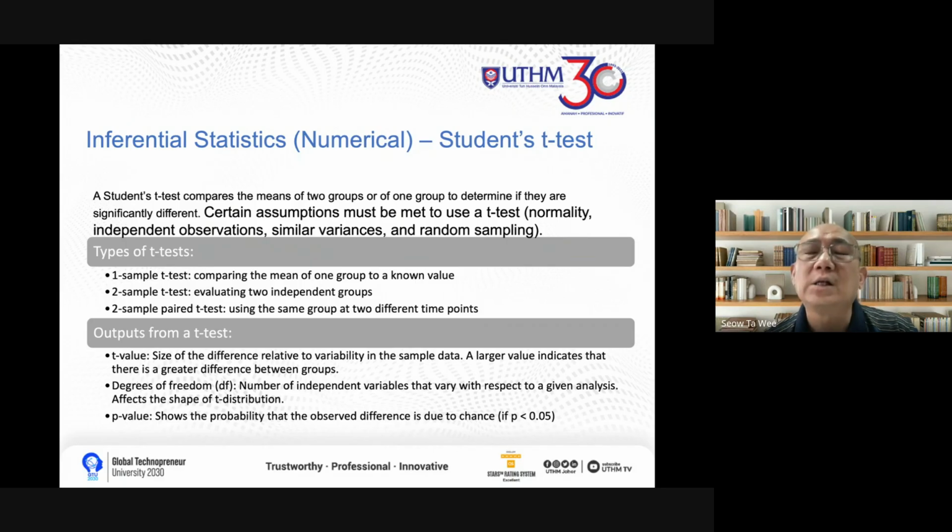The other view is, if the data is normal, you can use a t-test or ANOVA. This means running the normality test before you decide what type of test to use.